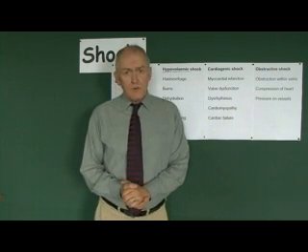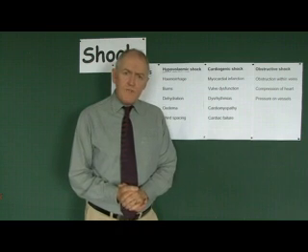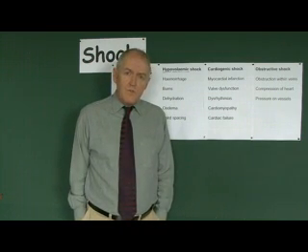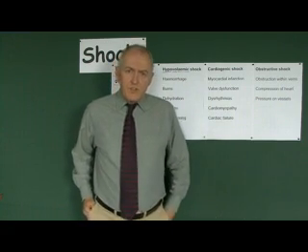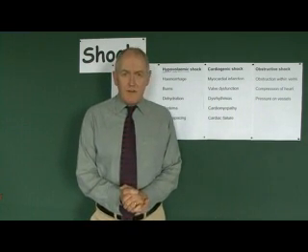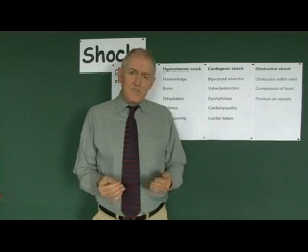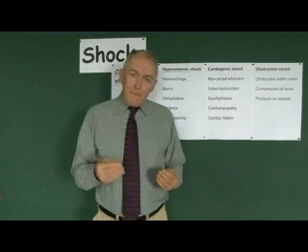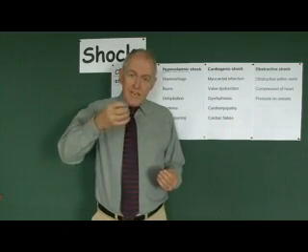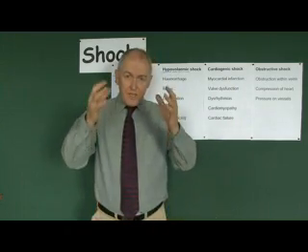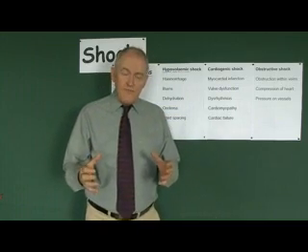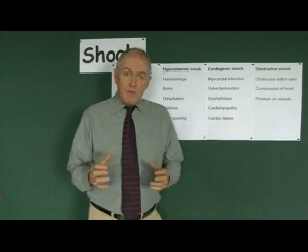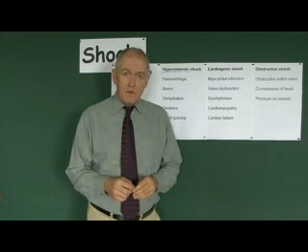But there are also medical causes of dehydration. For example, in badly managed diabetes, the blood sugar levels will rise. And if the blood sugar level rises above about 11 millimoles, that exceeds what is called the renal threshold. And that means that glucose is going to be left within the nephrons. And if glucose is left within the nephrons, that glucose is going to attract a lot of water, because glucose is an osmotic molecule.